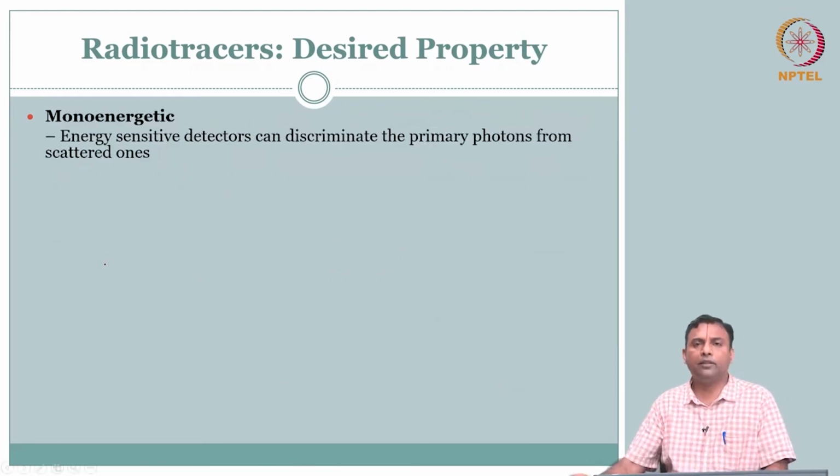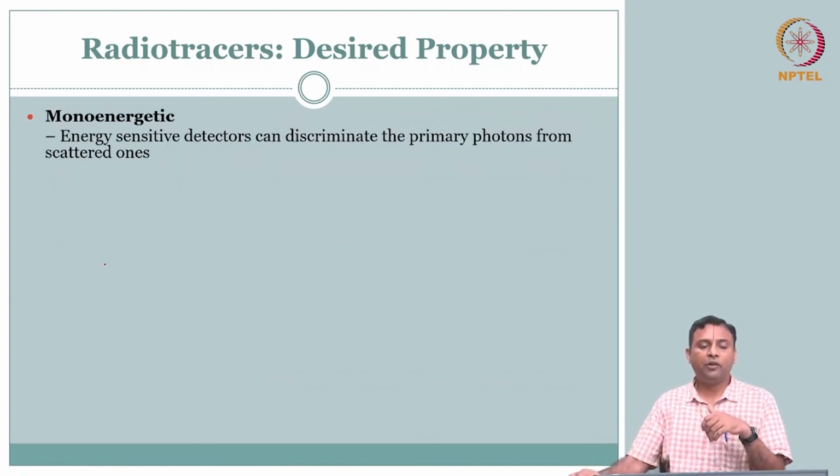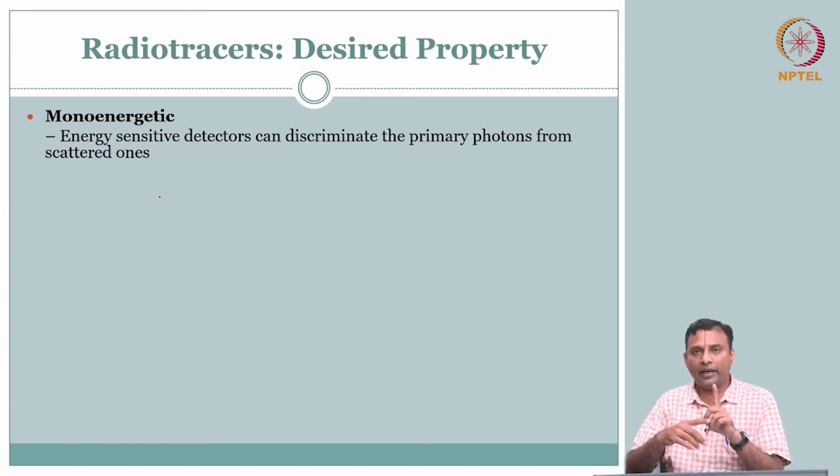Of course, last but not the least, we would like it to be monoenergetic. We had this wishful thinking even for our X-ray, right? Why? Because if it is monoenergetic, if I know I am going to get only one energy, then any other energy I know is coming from some scattered gamma, right? You have your Compton scattering.